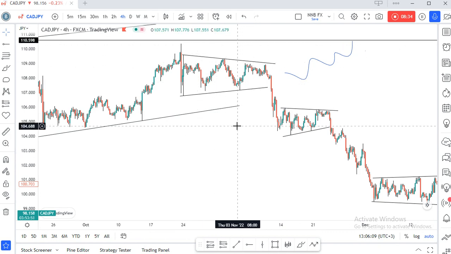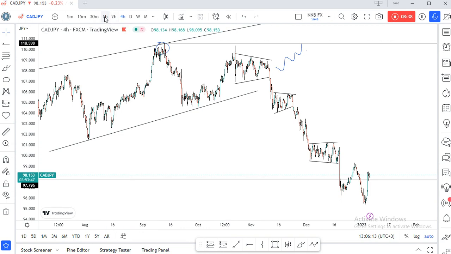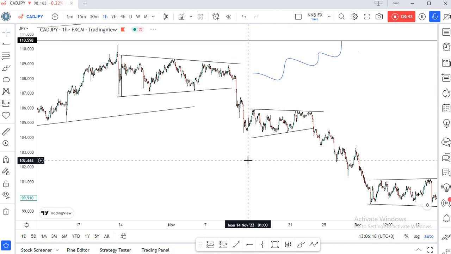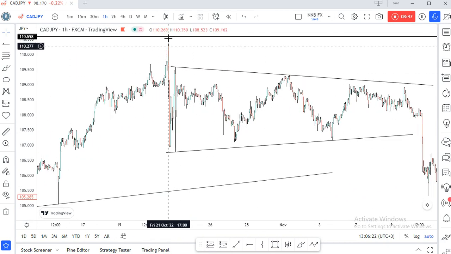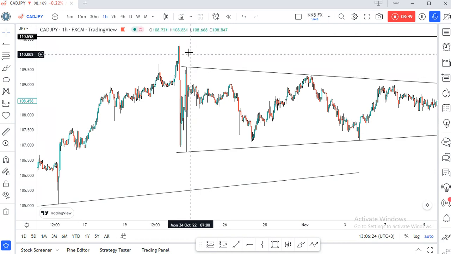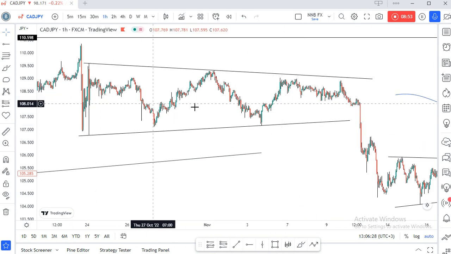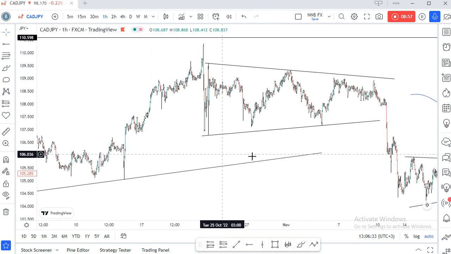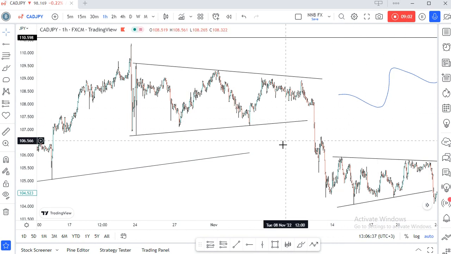If you go down to the 15 minutes time frame, I'll go to the 1 hour time frame. On the 1 hour time frame, you'll see that the market never got to the double top area, but it impulsed down and it started forming a bigger correction, which is a continuation pattern, because we say the market moves in impulse, correction, impulse, and correction.